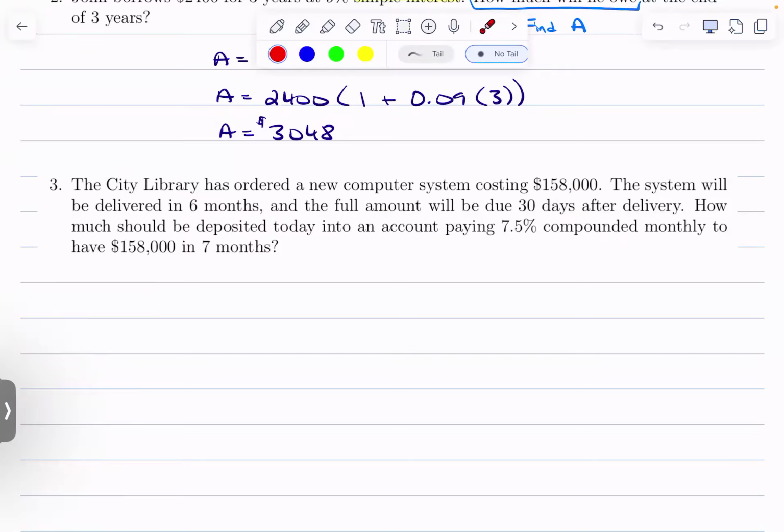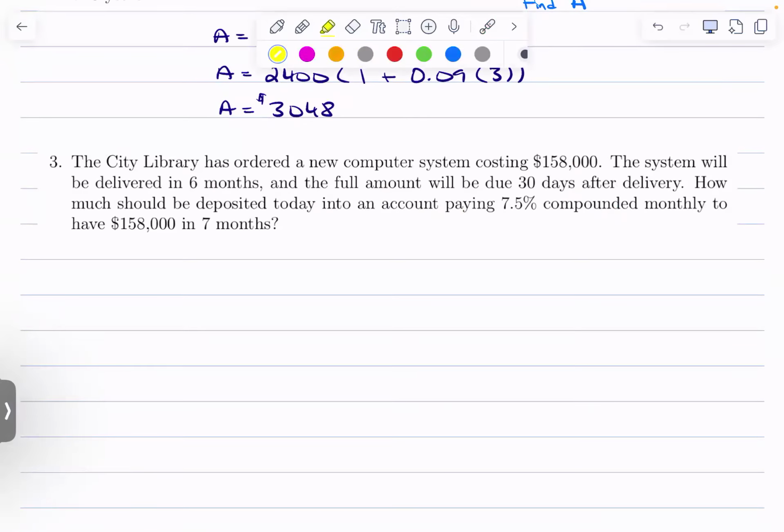So 6 months and then you have 30 days to pay it, so 7 months. Now, what I want you to pay attention to is the compounded monthly. Yeah? So we want to have some lump sum that we want to deposit, and we want to make sure it grows to 158,000 in 7 months.